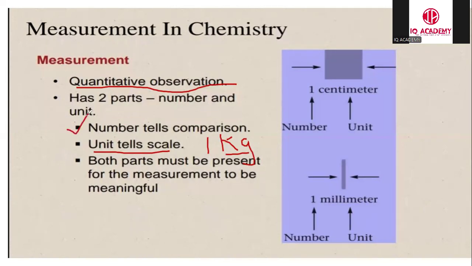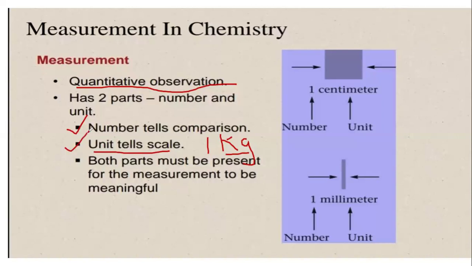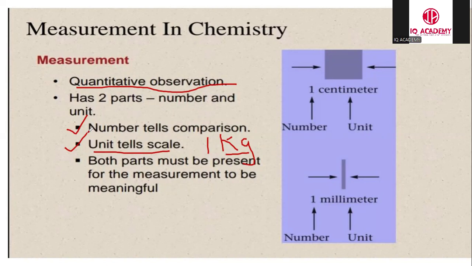Number two, a unit or a scale. If both those parts exist in a measurement, then we can say that measurement is meaningful, meaning it can be interpreted. So 1 kg tells us something about the mass. Or if I say 5 meters, I'm telling you something about the distance. So, a numerical quantity and the unit.